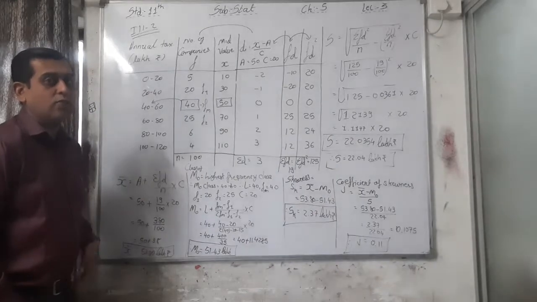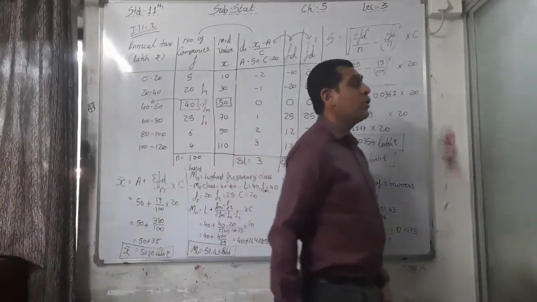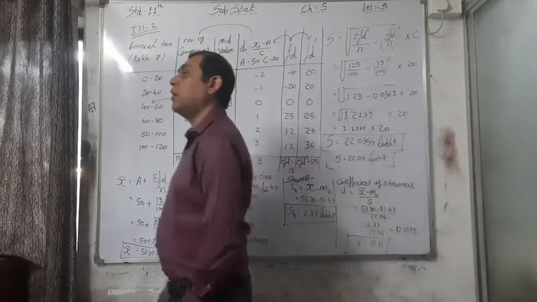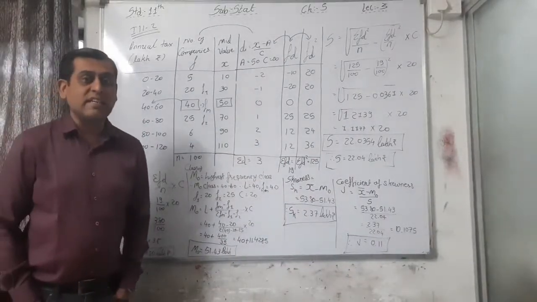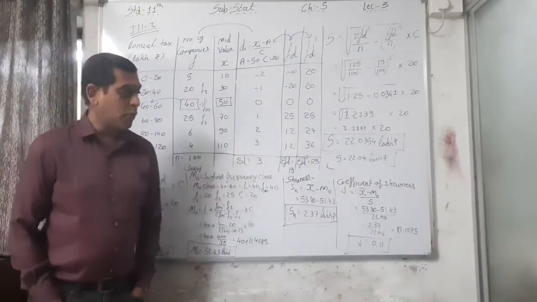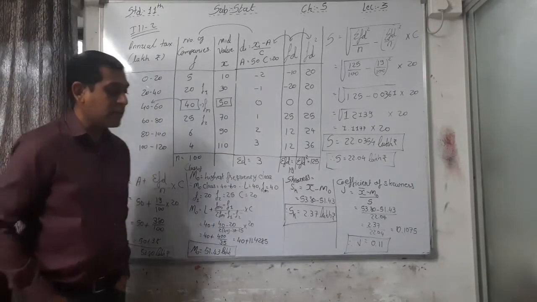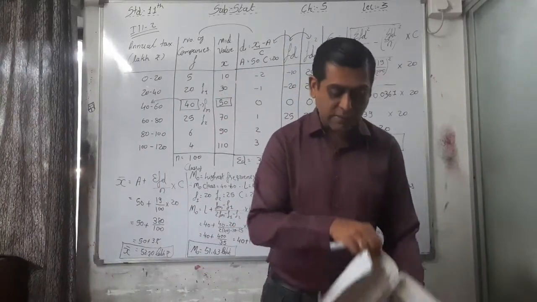Whenever the value of J, the coefficient of skewness, is near to 0, it can be said that it is a near to symmetric distribution. Skewness is very less. Okay, so please write down this sum first, and then we will discuss our next illustration. So first of all, please write down this.